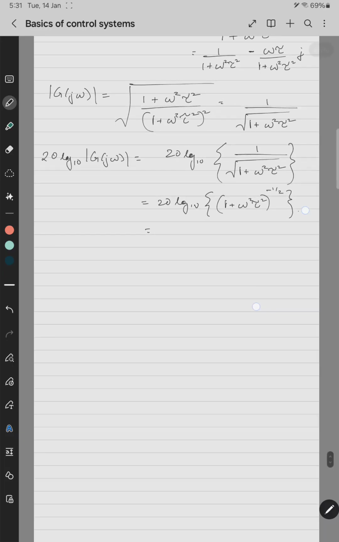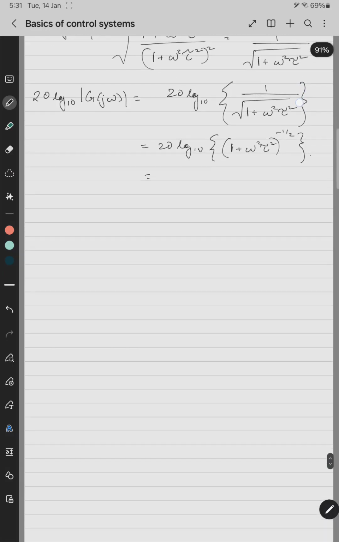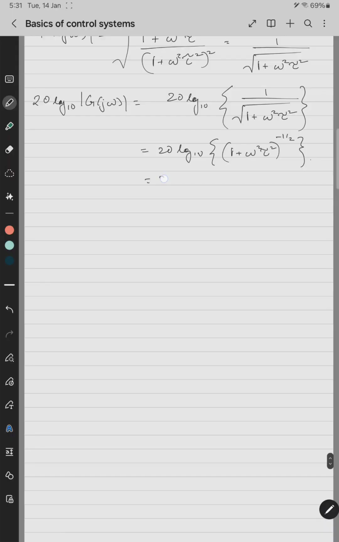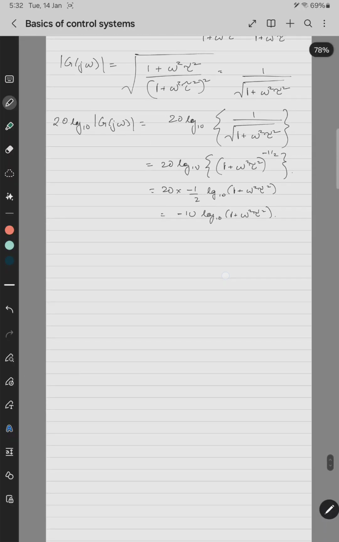So now it's a power function, let's remove the power. Log of a to the power n is n log a. So it will be 20 into minus half into log base 10 of 1 plus omega square tau square. It will be minus 10 log base 10 of 1 plus omega square tau square. So this is the log scale. This is the log value.